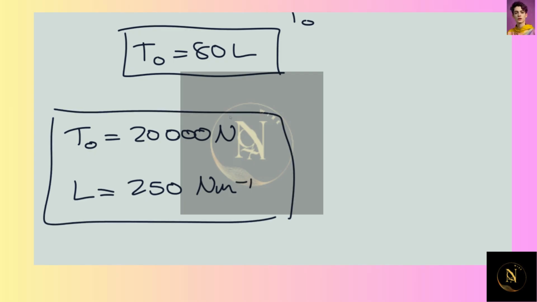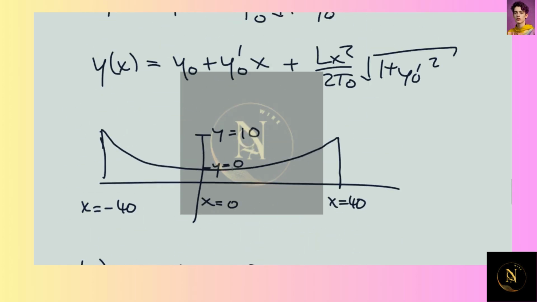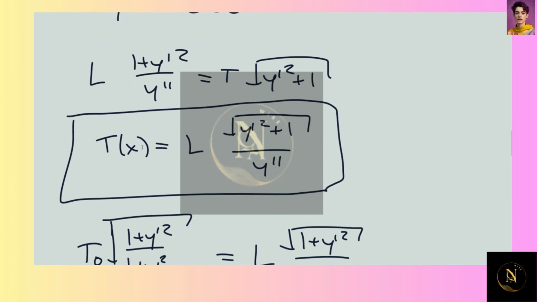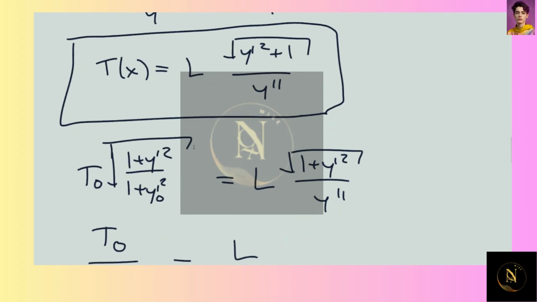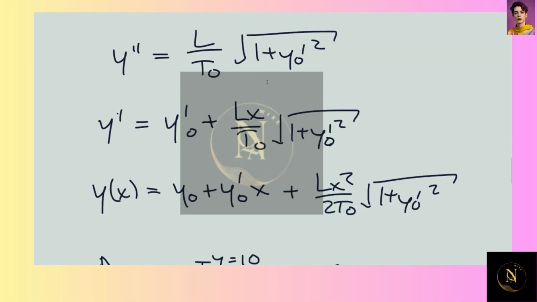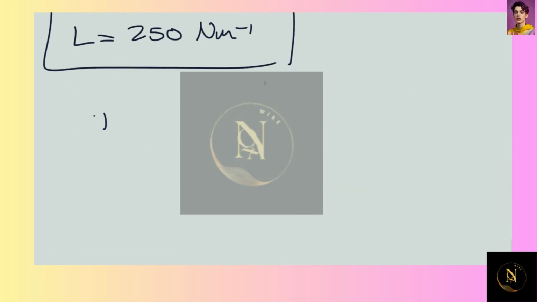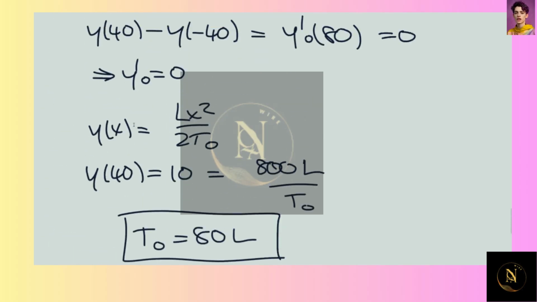So now we've got our last equation. So now we just need to look back at our equation for T of x. T of x equals L root y dash squared plus 1 over y double dash. Well, let's evaluate this at the endpoint.